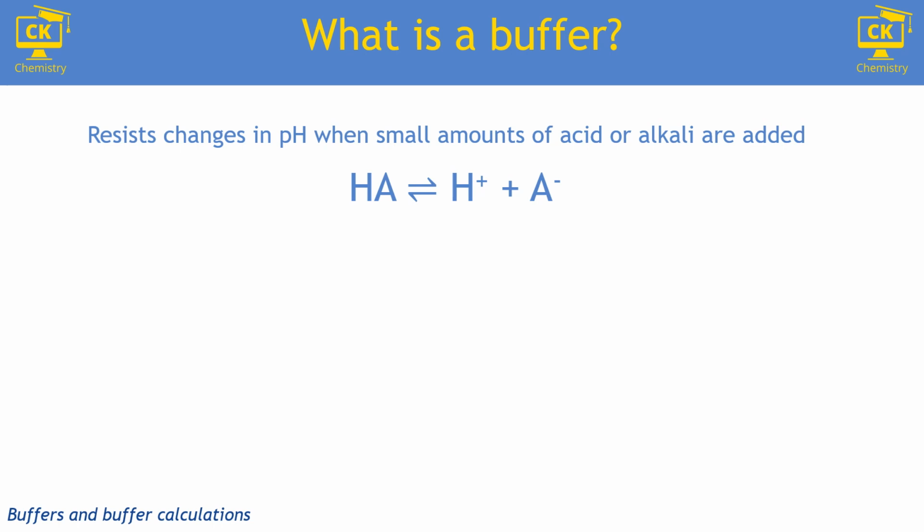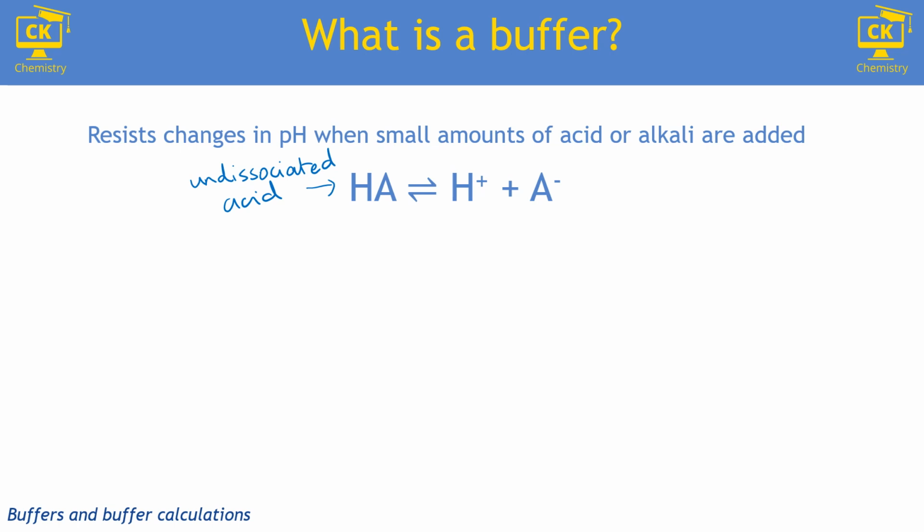In our calculations, just to make it easier to represent that, HA is our undissociated acid, and for a weak acid with a Ka value typically around 10 to the minus 5, most of the acid is undissociated.